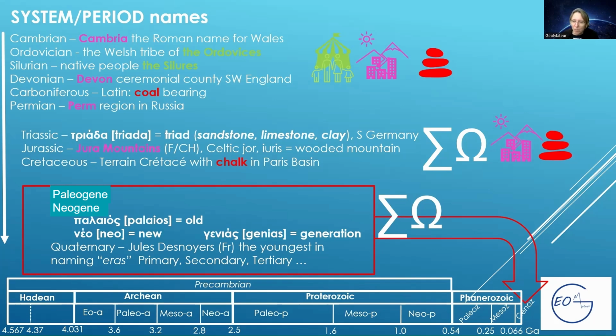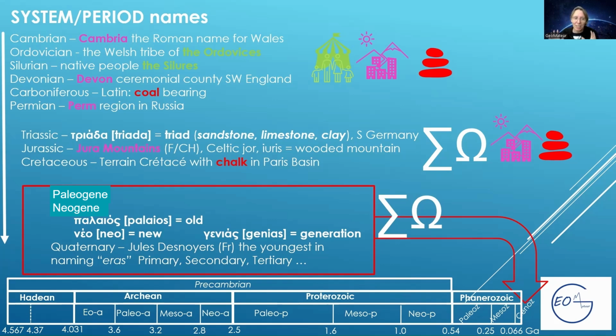Quaternary, its name is derived from the Latin word for fourth, reflects its position as the fourth major division of Earth's geologic history, borrowed from Jules Desnoyers, a French scientist, that divided the Earth's history into four eras.